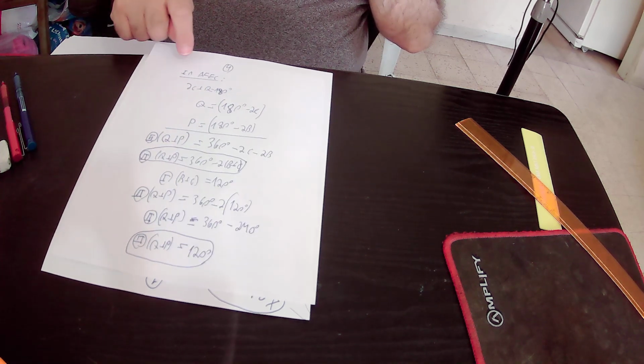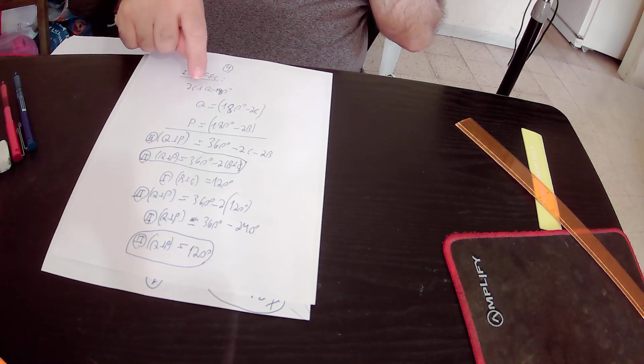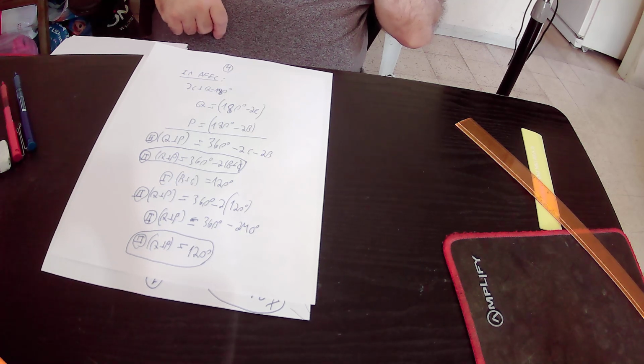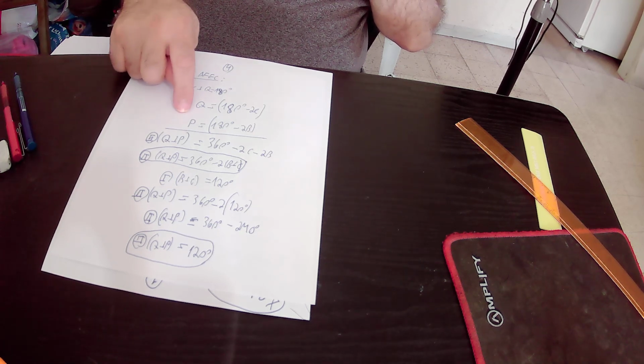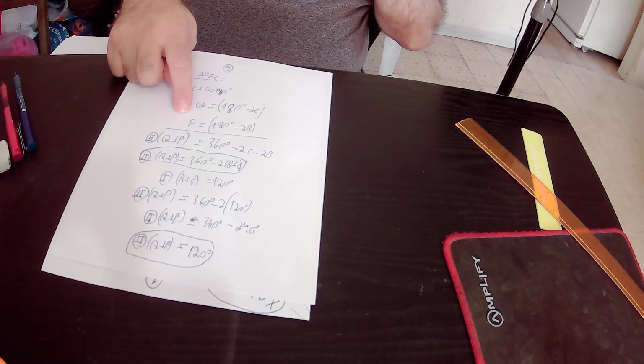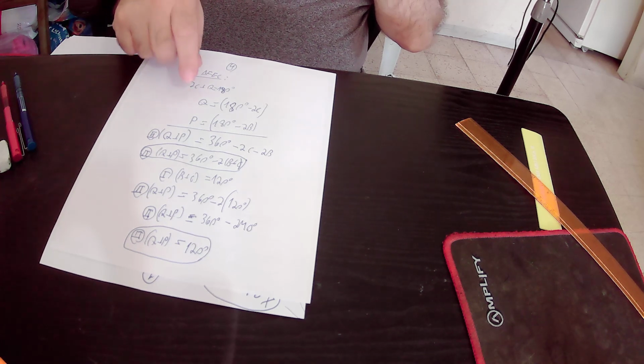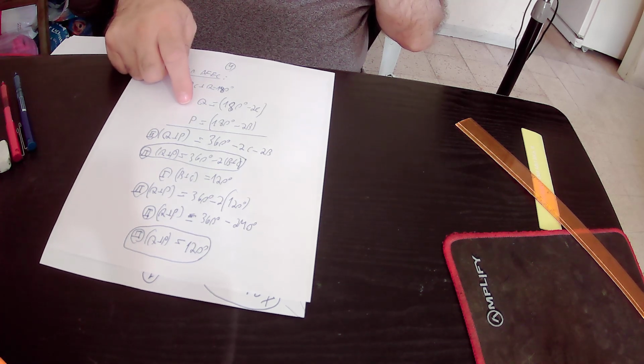We subtracted 2C from this equality and we got that Q equals 180 degrees minus 2C. And we have already found that P equals 180 degrees minus 2B. So we added Q to P.